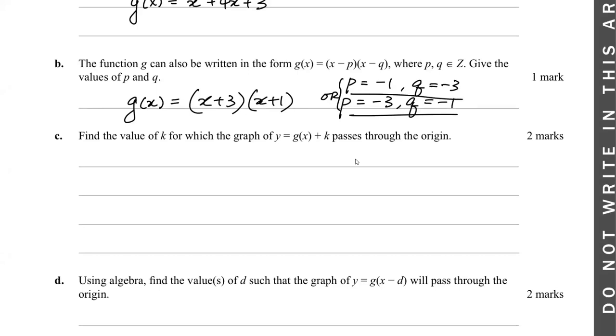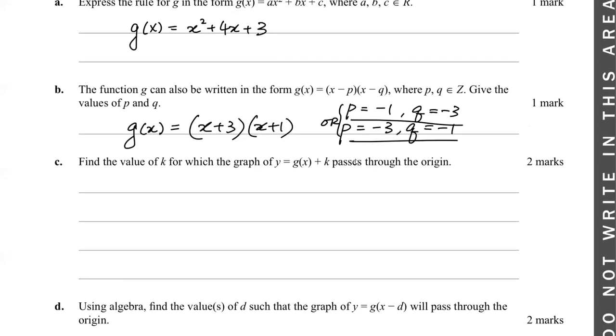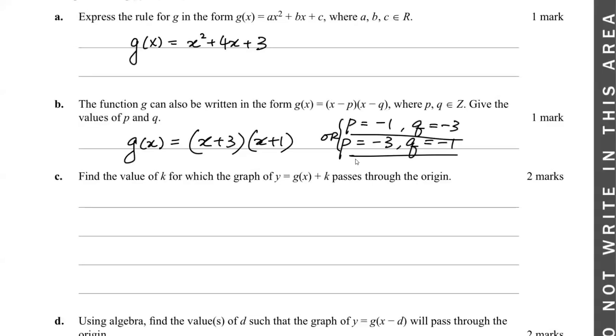Just different orders. Find the value of k for which the graph of y equals g of x plus k passes through the origin. Okay, so 0, 0 will lie on y equals g of x plus k.